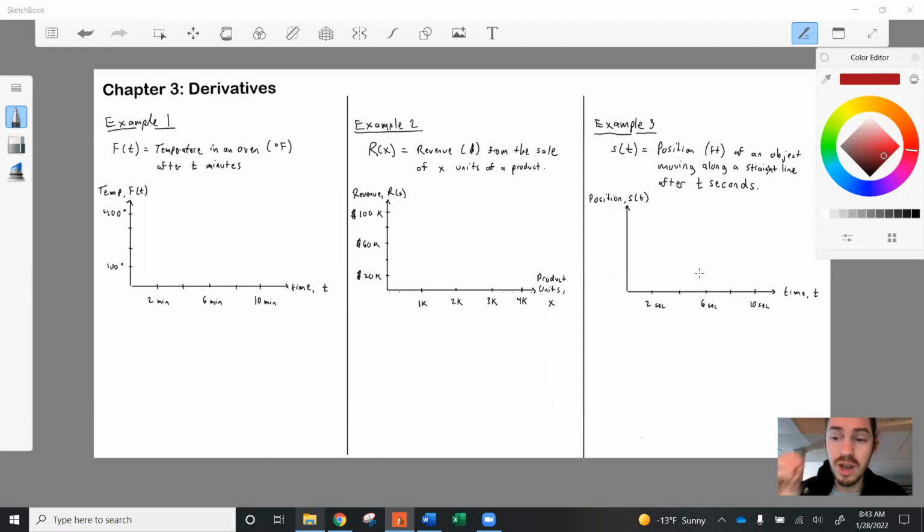And then in later classes, like when you get to multivariable calculus, you'll get to look at motion that goes around in different dimensions and, like, a path which can wiggle around. But we're going to stick to linear motion. And that's position in feet after time t seconds. So the reason I wanted to pick these examples is I know that a lot of you are here for different reasons.